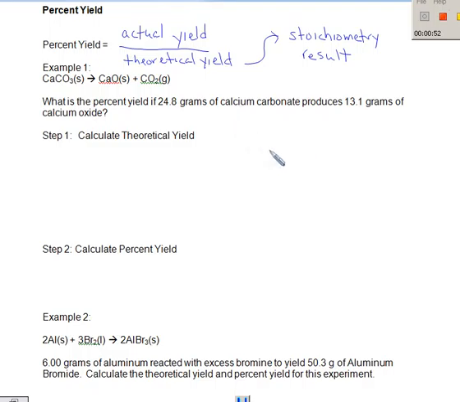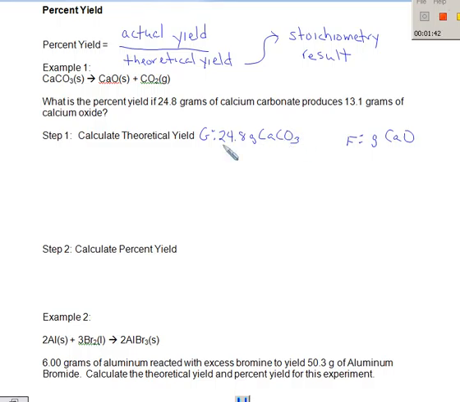So our find in this case is grams of calcium oxide. We are looking for the theoretical yield. And our given is based on the amount of calcium carbonate that we are given, which is 24.8 grams of calcium carbonate.